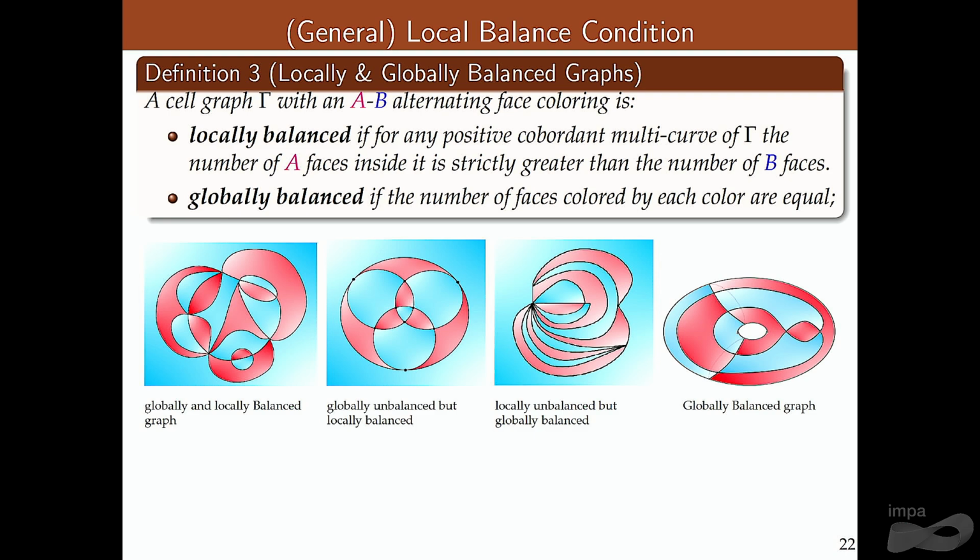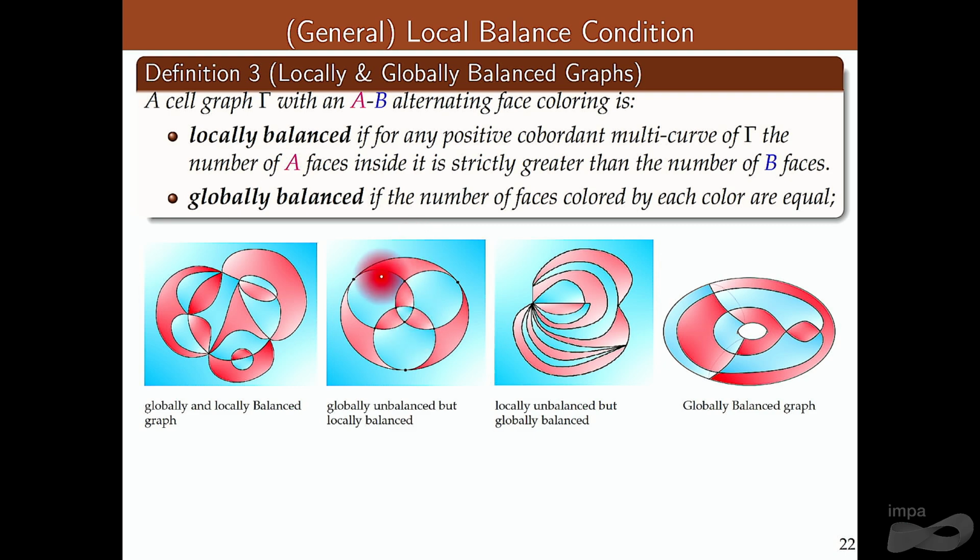Okay, here we have some examples. The time is running out. Here we have a planar example that is globally and locally balanced. For any cycle that you choose here, in the interior you will have more pink faces inside it.